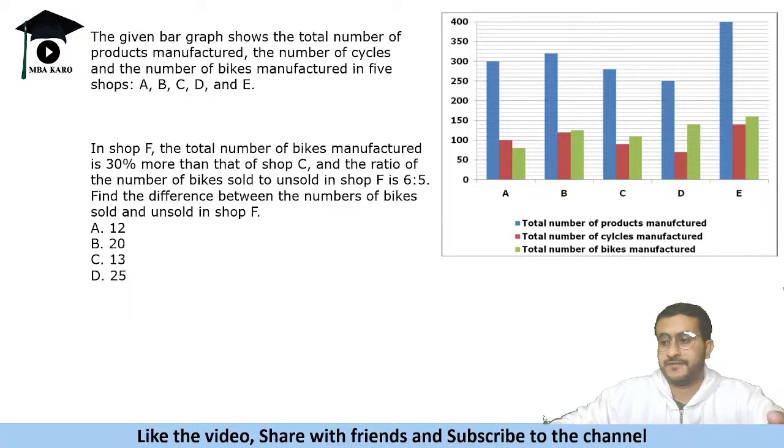So based on this graph and the data given, try to find the answer.